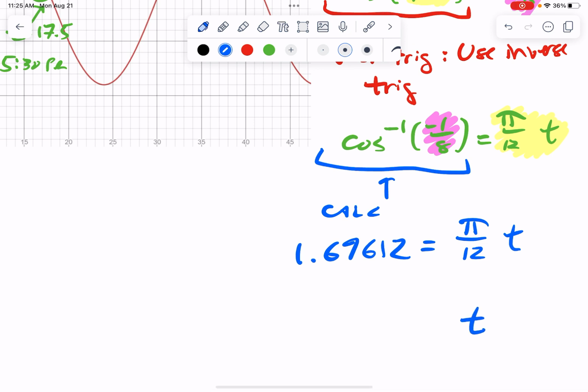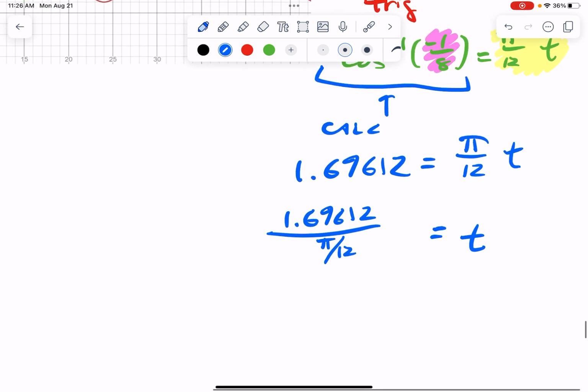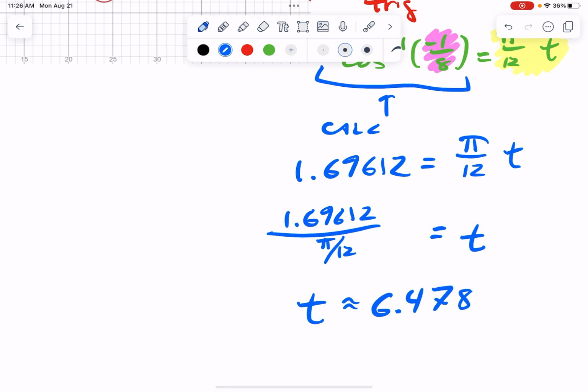So now to figure out t, I can take 1.69612, which is already on my calculator, and divide it by pi over 12. So I'll just do divide, and then in parentheses, so that the calculator understands, pi over 12. And what I'm getting here is that t is approximately 6.4787.